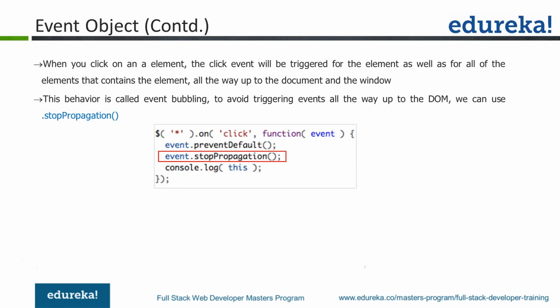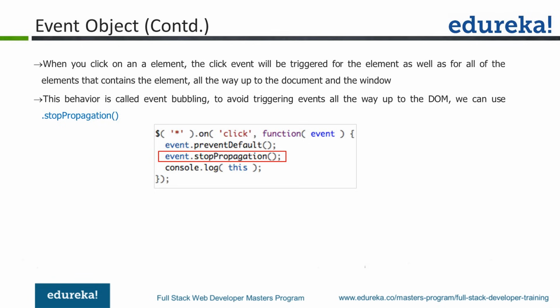Now there is another one called stop propagation, which refers to something called event bubbling. Sometimes when an event happens, it might trigger events all the way up the DOM. So if you look over here, we have used the star selector, which is going to be triggered on click.